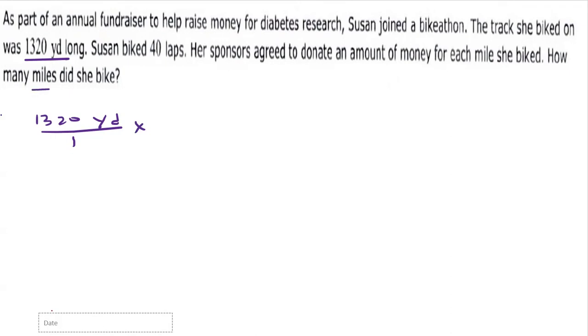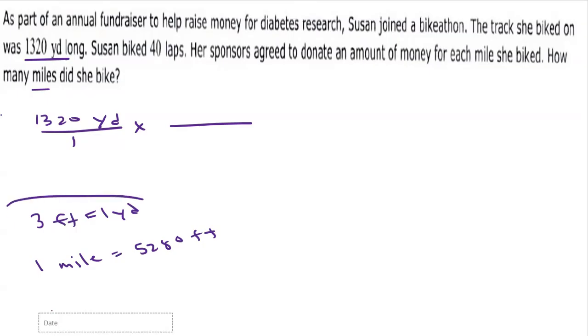So my output is miles. I know there are 3 feet in 1 yard, and if you look at your chart, it tells us that 1 mile is equal to 5,280 feet. I need to use these conversions to get my output.